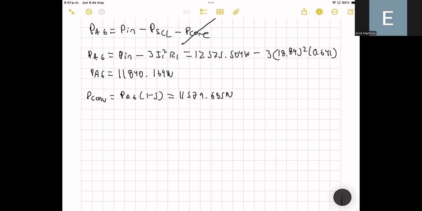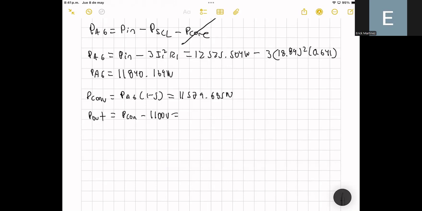And with this converted power, we can compute the output power. The output power is the converted power minus the rotational losses that, according to the problem, is 1100 watts.